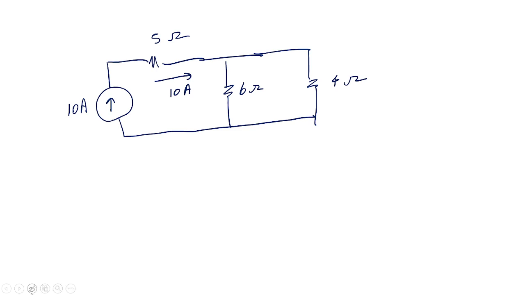Then you can compute the current flow I1 and I2 by using current divider. So if this is a current source, you can use current divider to compute I1 and I2. Then you can know the voltage across this. Okay, this is also another method.